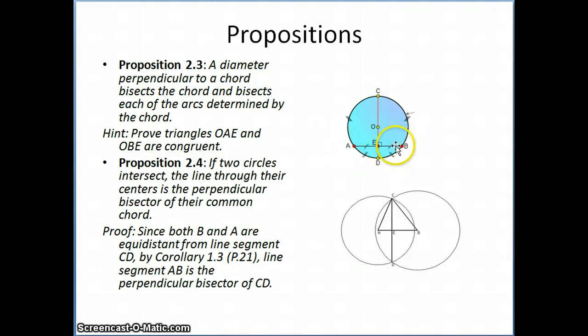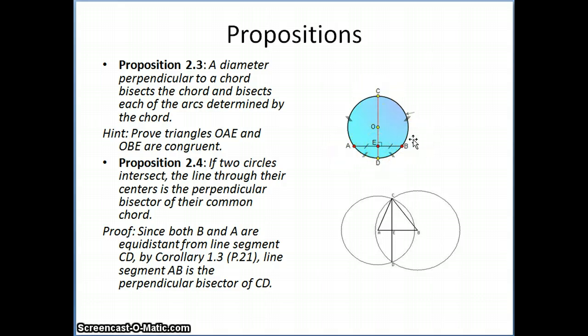And we know this is an isosceles triangle, so OAE and OBE are congruent. That means the complementary angles AOE and BOE are congruent. So we can prove this by SAS, that the triangles are congruent. So once we prove these two triangles are congruent, of course AE and BE, the corresponding sides, should be congruent, and so that means CD is a bisector of AB.